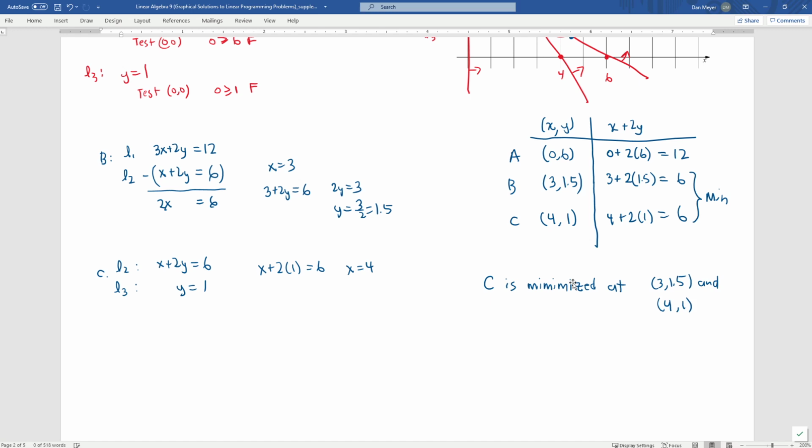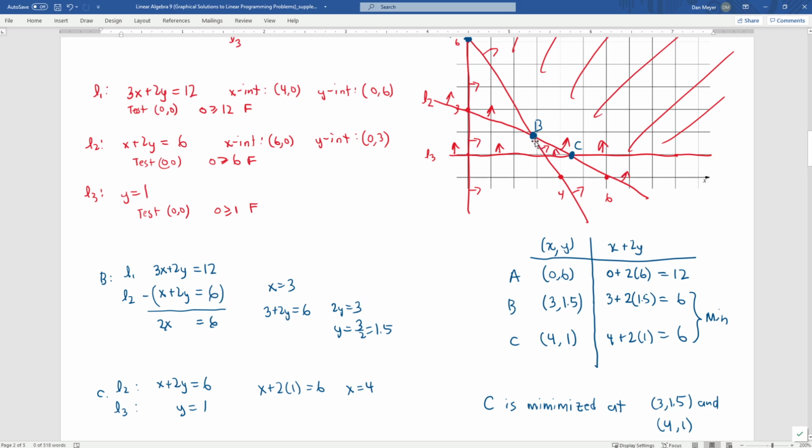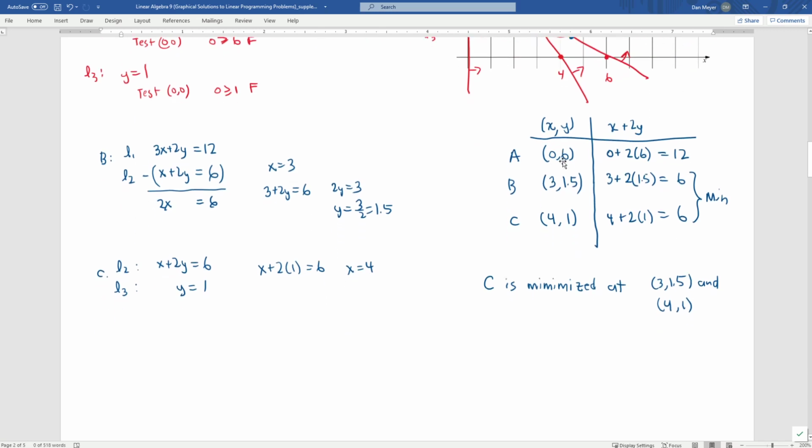And if you remember, there's the second part of that fundamental theorem of linear programming, that it's actually every value along that line between those 2 points as well. But we're not too much worried about that. We're actually more interested. C has a minimum value of 6.